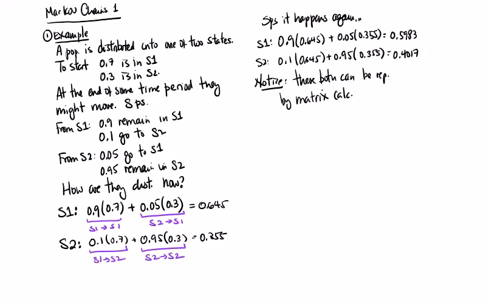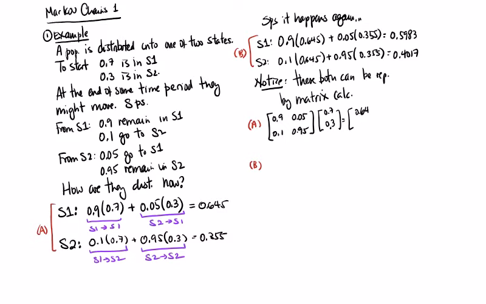Let's see, the first one, we'll call that A, and this one I'll call B. So take a look at A and B. In A, what we did is we took the matrix 0.9, 0.1, 0.05, 0.95 and multiplied that by 0.7, 0.3. And we got 0.645, 0.355.